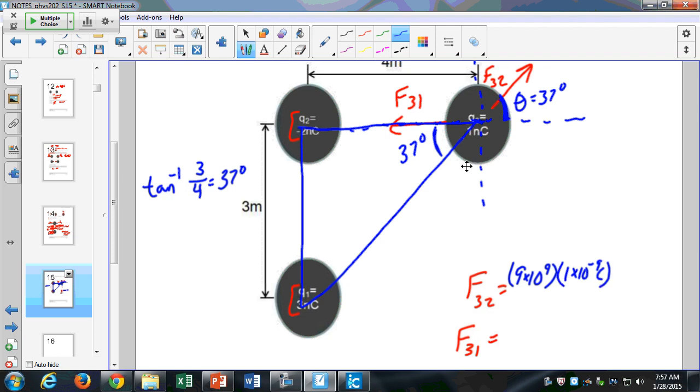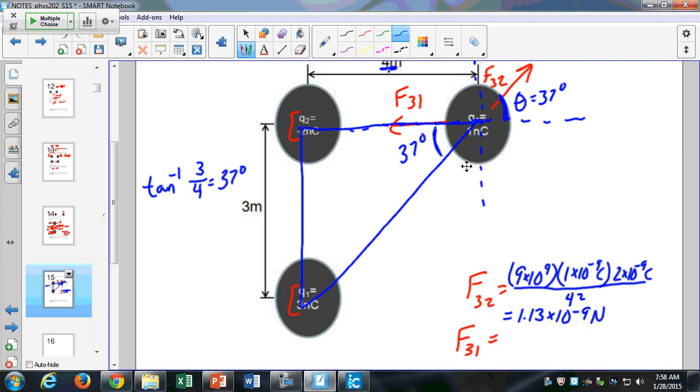Q2 is 2 times 10 to the minus 9, divided by this distance, which is 4 meters squared, or 16. And then that's equal to 1.13 times 10 to the minus 9 newtons. I'm keeping more sig figs than I need here because it turns out that the forces are very similar, so just to differentiate between the two.